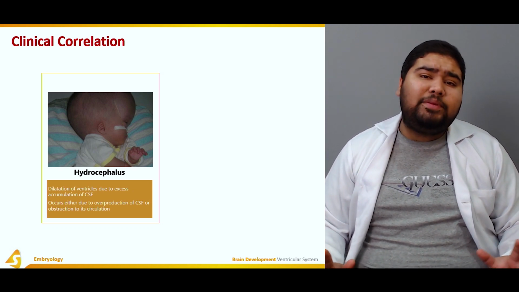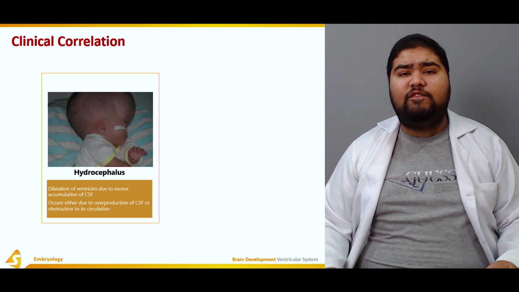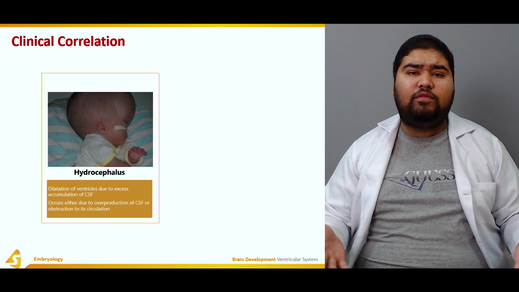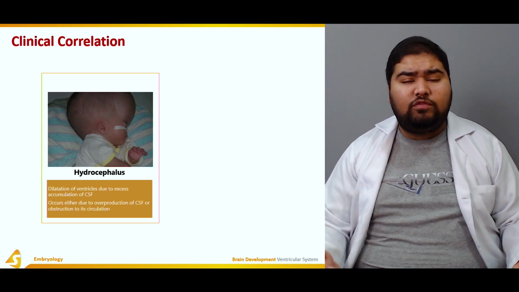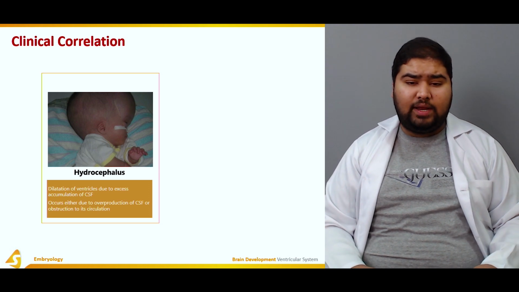Since it's a limited space, the fluid keeps accumulating, and eventually there is a swelling of the area, and there's a lot of fluid in the head, giving rise to the clinical presentation of hydrocephalus.